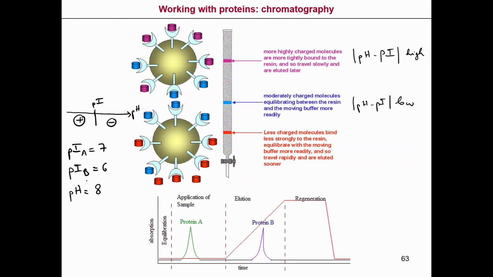All your proteins are positively or negatively charged, A and B. If the buffer pH is 8 and the pI is 6 or 7, what is the charge of your protein?